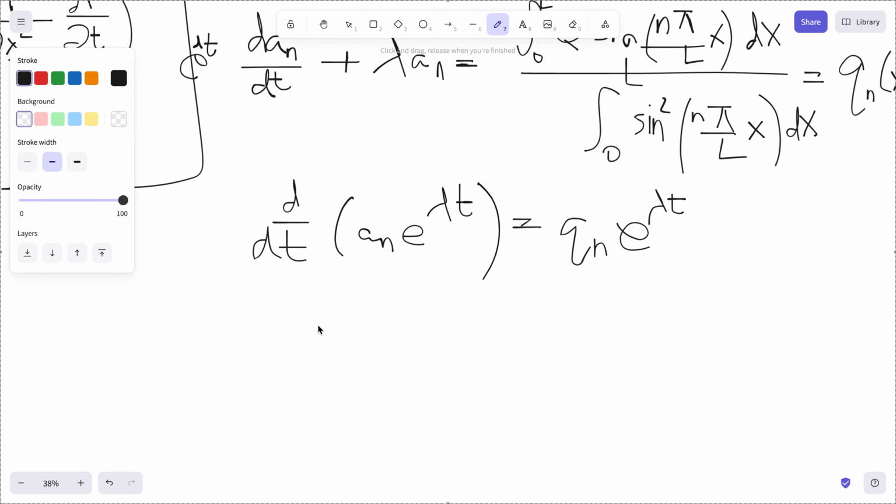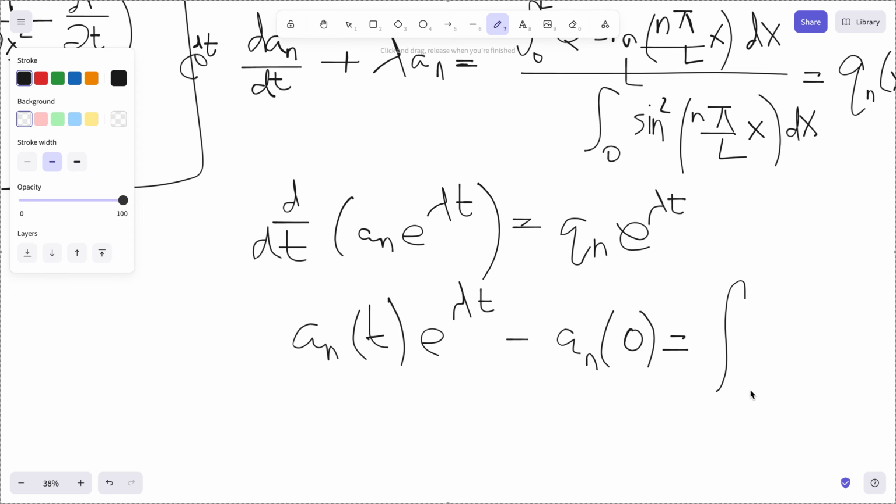And then you can take the integral so that you get a sub n of t e to the lambda t minus a sub n of 0 is equal to the integral from 0 to t of q sub n e to the lambda t dt.